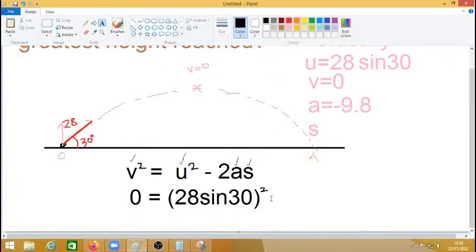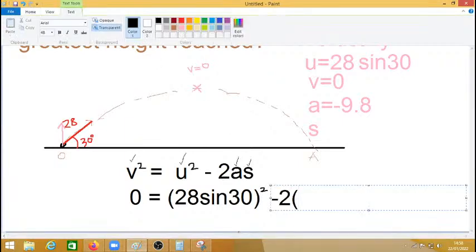And then I'm subtracting 2 times acceleration, which is minus 9.8, and the s is unknown. 2 minuses here, this one and this one. They can make a plus.